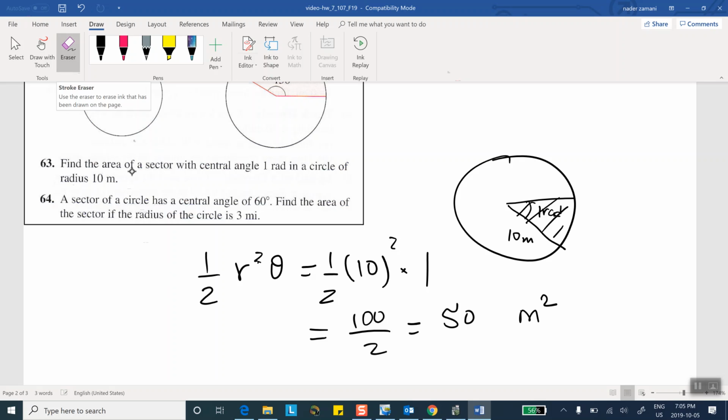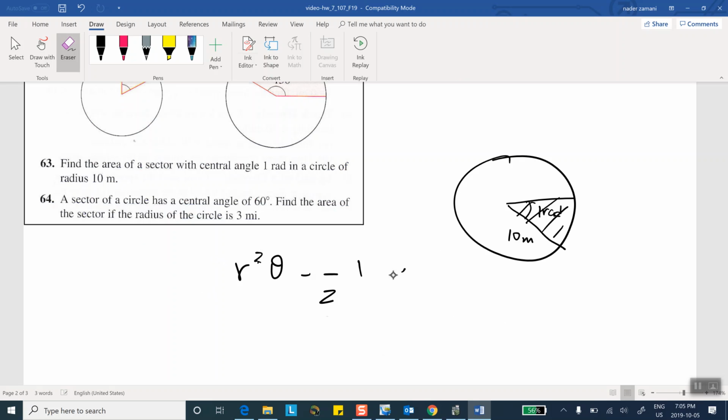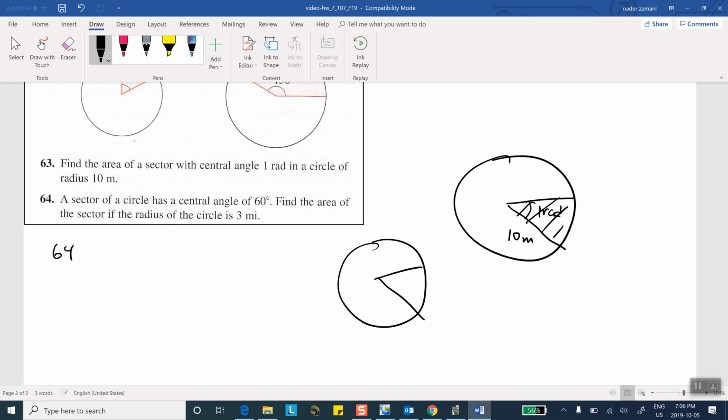We're going to do number 64. Same type of animal, probably. Okay, 64. The sector has a central angle of 60 degrees, so it says this is 60 degrees. The radius is 3 miles, and it's asking what is this area?